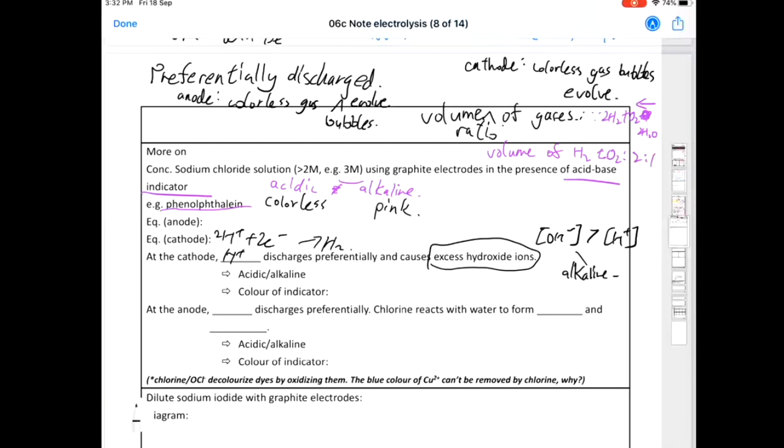Originally the solution is NaCl, aq, and this should be a neutral solution, so originally it is colorless. Therefore, the color of the indicator will turn from colorless to pink.